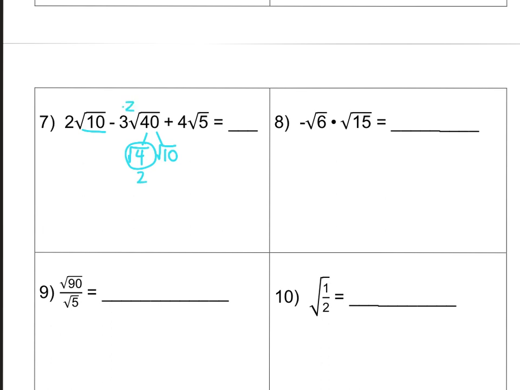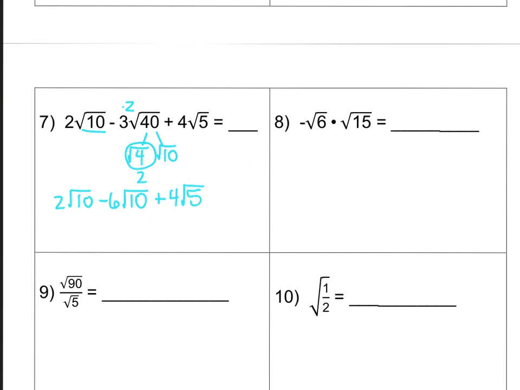That 2 is going to multiply with that 3 on the outside. So I'm going to go ahead and bring down my first one, 2 square root of 10. Now I've got negative 3 times 2, which is negative 6 square root of 10. And there's nothing I can do with that plus 4 times the square root of 5.